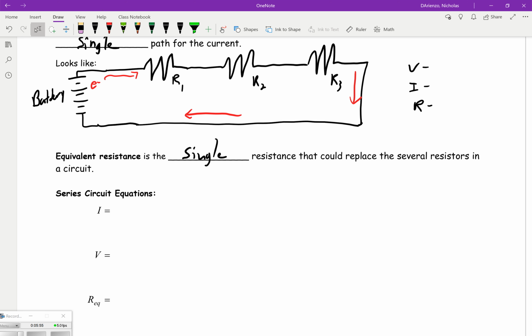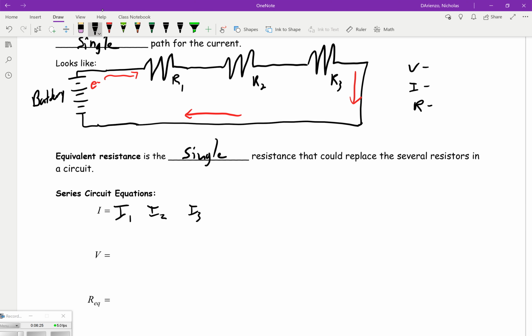Now the current, if you think about this like flow in a river, since there's only one path, the current is the same anywhere in this circuit. So at resistor 1, we could call the current flowing through that resistor I1, just like the current through resistor 2, we could call I2, I3, and so on.